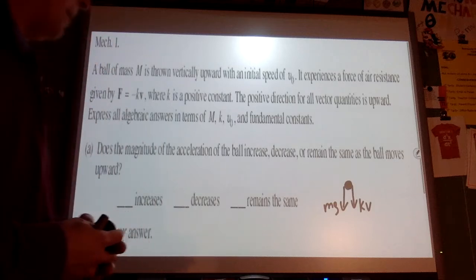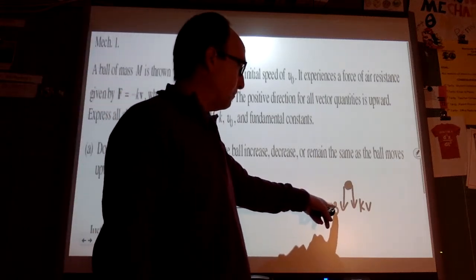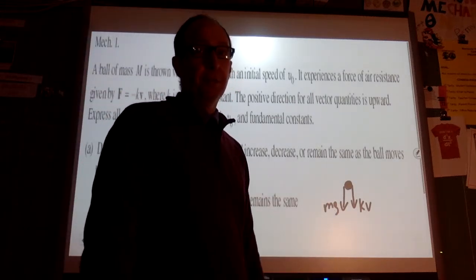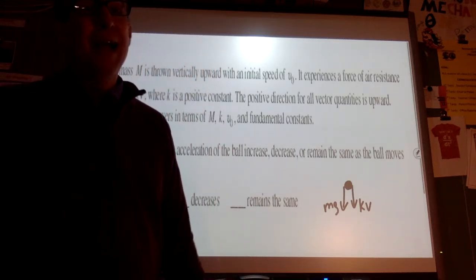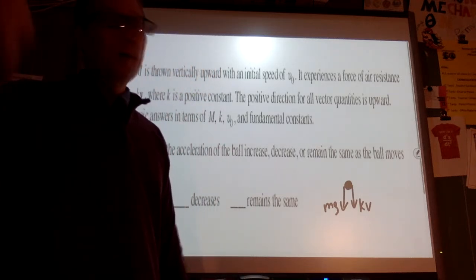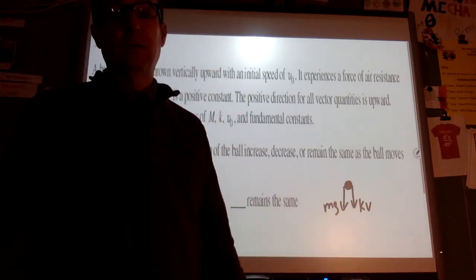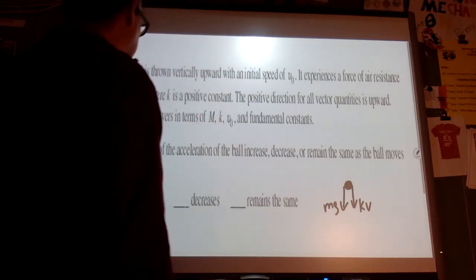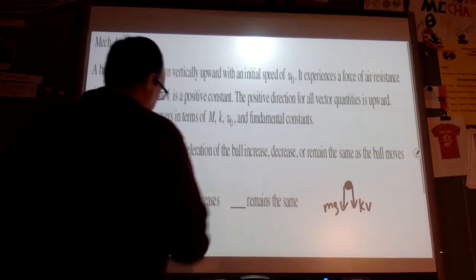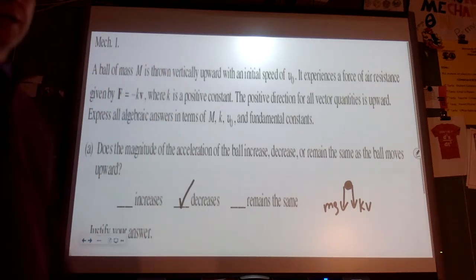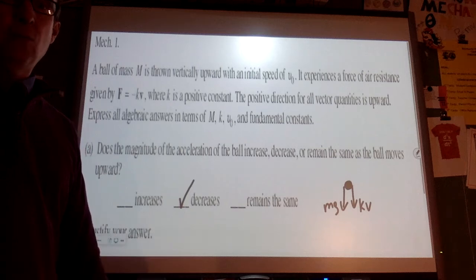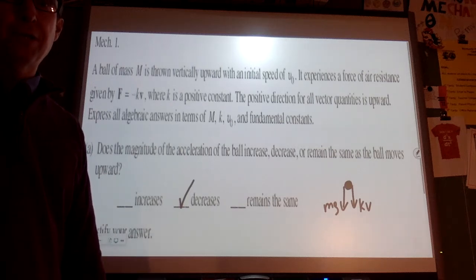So if we think about this, mg is going to be constant, so its portion of how much it contributes to the acceleration isn't going to change. As I throw something up, though, this one is a function of speed, and that's going to get smaller. So that would mean that our acceleration would decrease. And I would justify that by one part of the net force being a function of velocity.